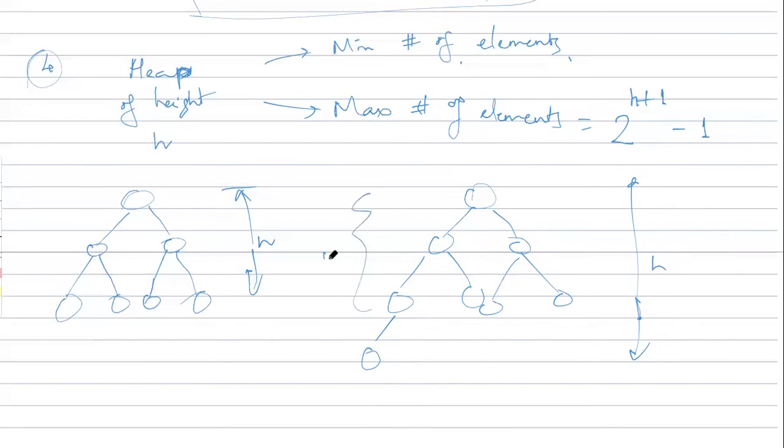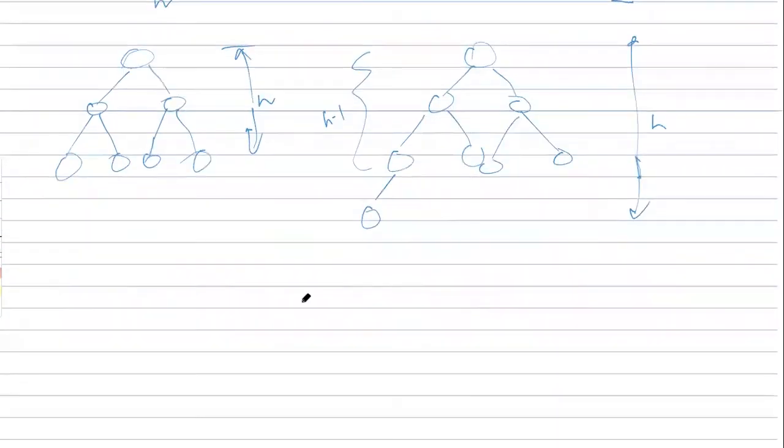This is h minus 1, so we take 2 to the power h minus 1, that is the total number of nodes in this part, plus this 1. So that is equal to 2 to the power h. There will be 2 to the power h as the minimum number of elements.